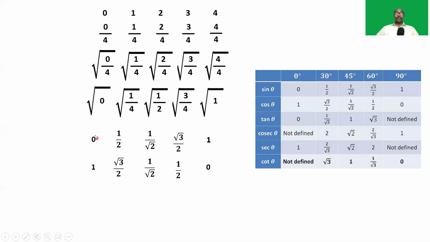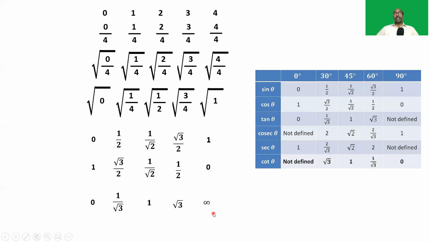And now, by dividing the numbers in the first row by the numbers in the second row, we get the third row. 0 by 1 is 0. 1 by 2 divided by root 3 by 2 is 1 by root 3. 1 by root 2 divided by 1 by root 2 is 1. Root 3 by 2 divided by 1 by 2 is root 3.